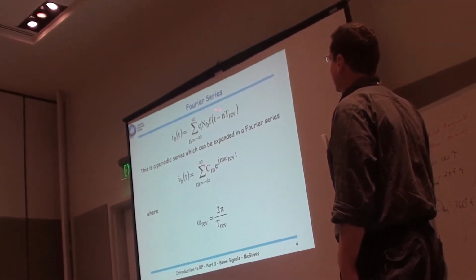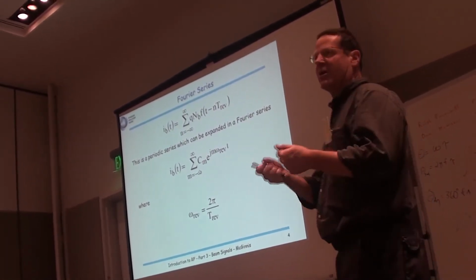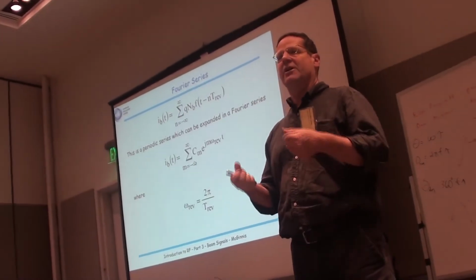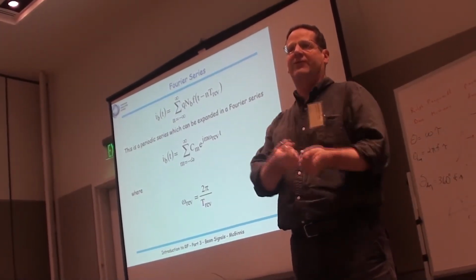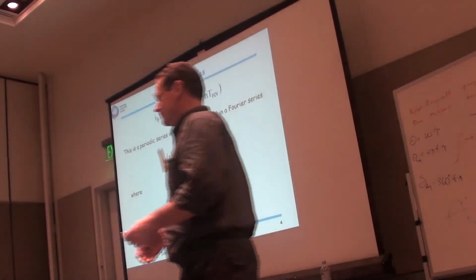These coefficients are going to be given by the shape factor. So the coefficients and the shape factor are two things that tell each other. If you know the shape factor in time, you can know the Fourier coefficients. If you know the Fourier coefficients, you can tell the shape factor.